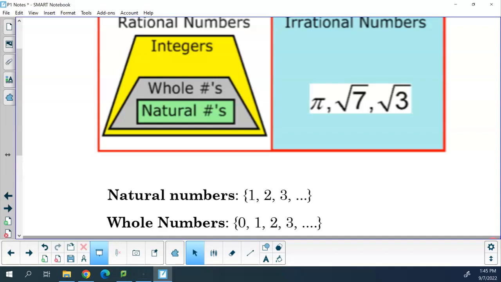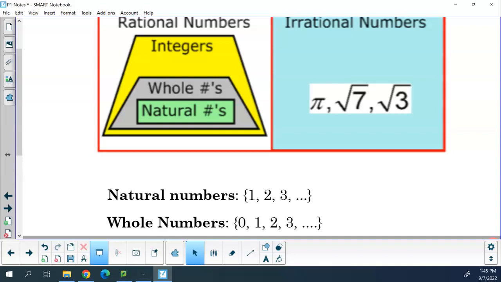Which one has more? Doesn't whole numbers have more, because they're natural numbers plus the number 0, so they have one more number? Wait, there are an infinite amount of numbers in there. How can it be one more than infinity? That's a good thought, isn't it? All right, put that thought on hold.